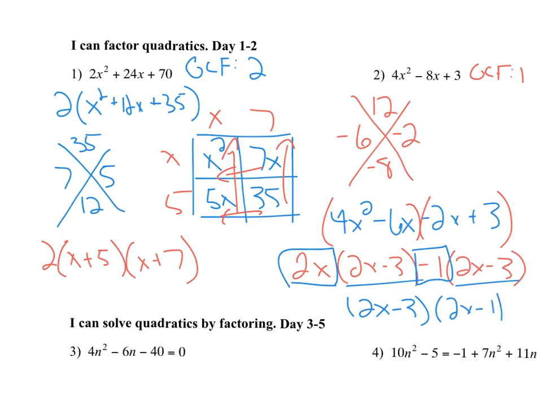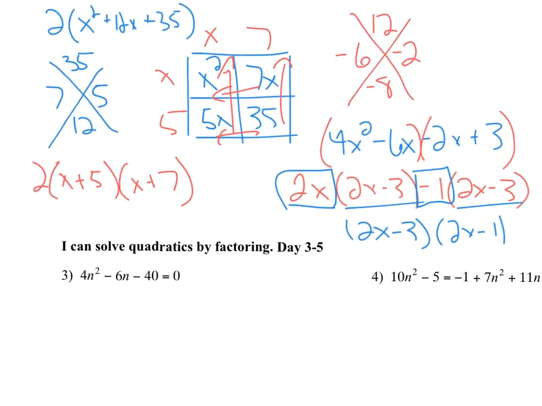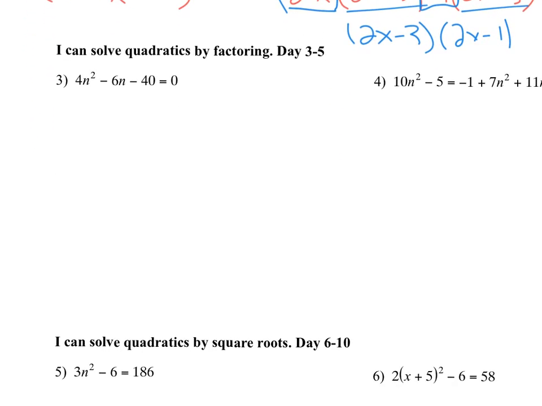Okay. Now continuing that, we then can do this for solving. So again, always we're still factoring. So with that factoring, we want to look for our GCF. So in this case, we have a GCF of 2. This is 2n squared minus 3n minus 20.